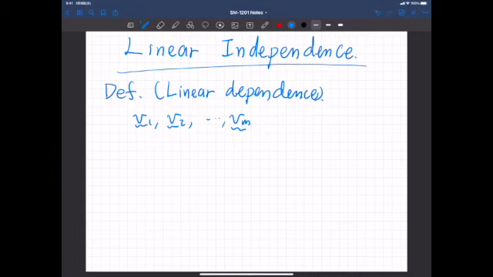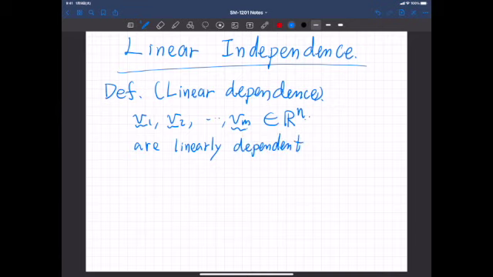Okay, we don't specify the dimension here, so it can be anything. Okay, so this m and this n may be different. Okay, so they are said to be linearly dependent. So in a sense, they depend on each other linearly.